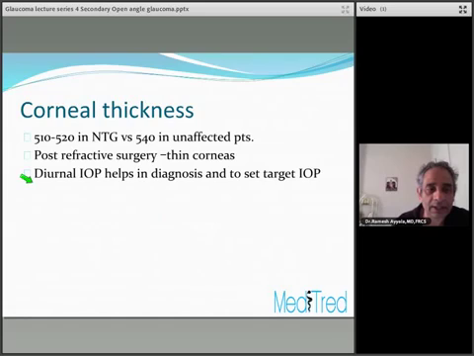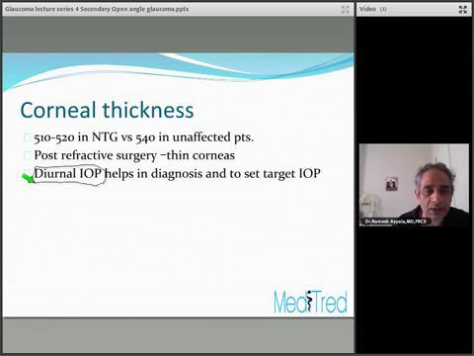And lastly, I need to insist upon diurnal intraocular pressure via serial tonometry. It helps in diagnosis and to set target intraocular pressure in this patient population. And this is a good practice for most glaucomas in any case, unless it's very distinct and very visible at the time of presentation.